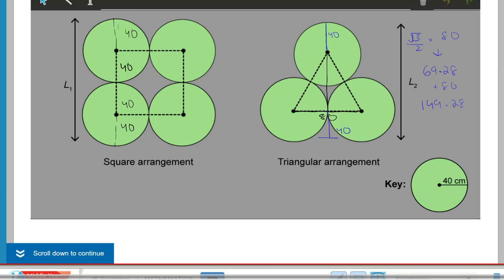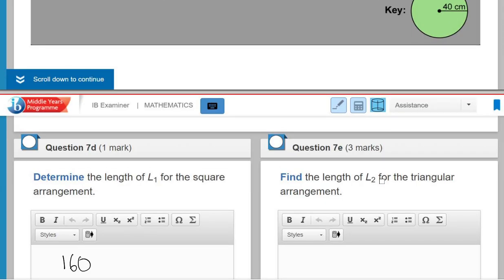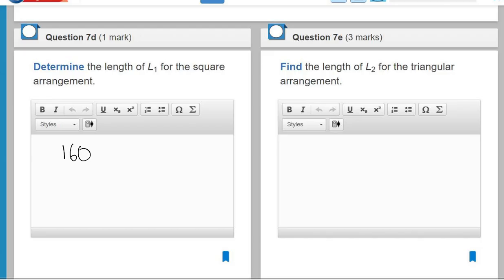But they are using the Pythagoras theorem. So how did they use the Pythagoras theorem? I don't know. X squared plus 40 squared equals. Okay, yeah, that makes sense as well. But this formula is what we were taught in IGCSE, so I just used it. So using the Pythagoras theorem works as well. So this becomes 149.28.